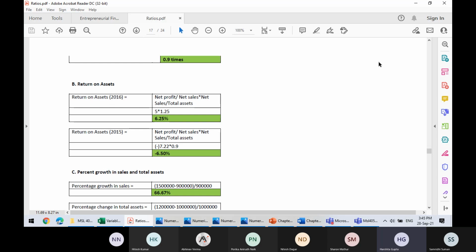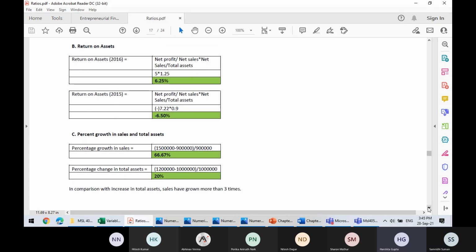Since we already calculated these two ratios in the previous part, we directly calculated the return on assets ratio for 2016 and 2015. Any doubt in how we are calculating this? Anybody? Okay, let's move on.